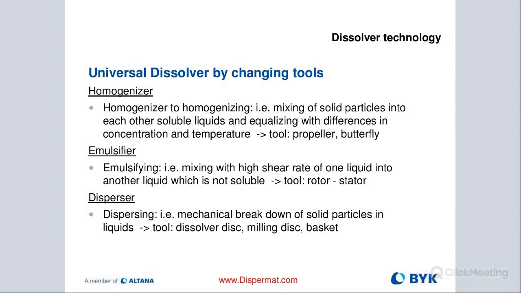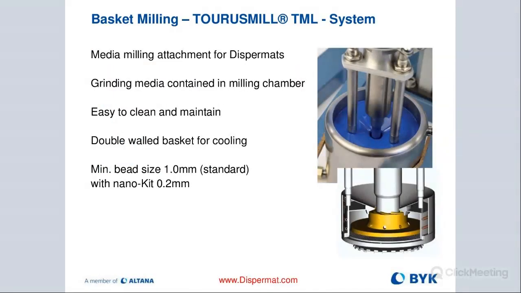That's called emulsifying, or as a disperser, where we are actually breaking down the particles, what we're talking about today, and use it as a dissolver, or with a milling disc or a basket mill as a media mill. So very functional.